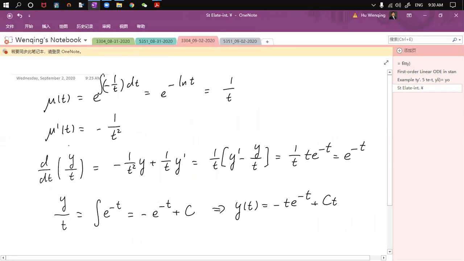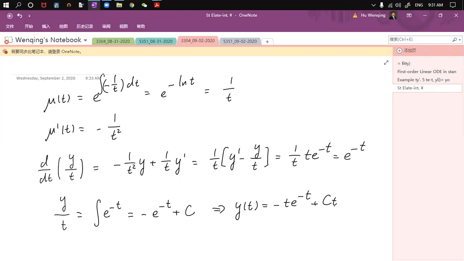This is a factor that you have to multiply with the original unknown function in order to create a chain of equalities that you can easily integrate. So that's why it's called an integrating factor, and the whole method introduced here is called the integrating factor method.